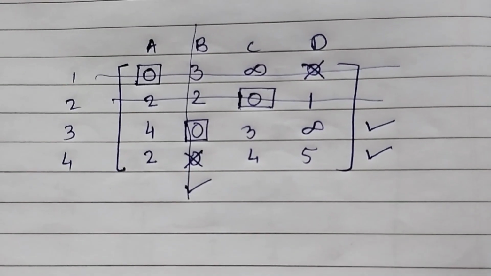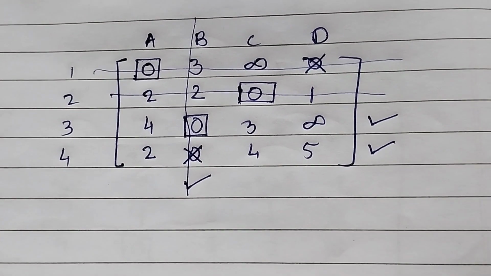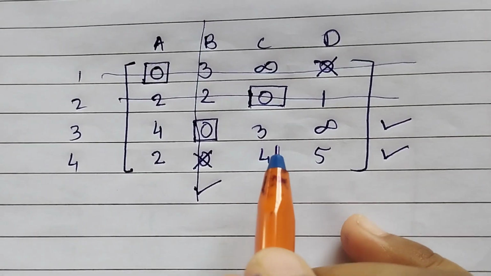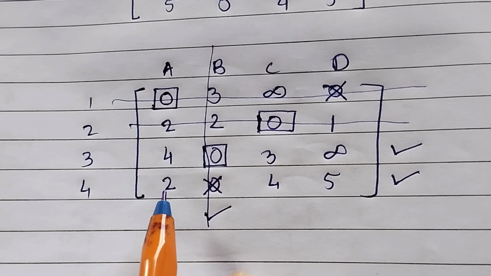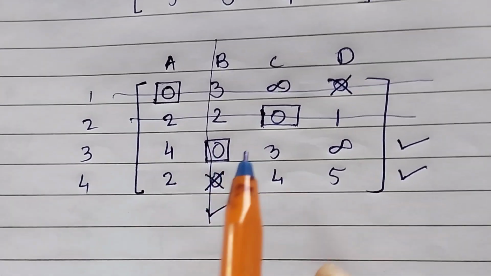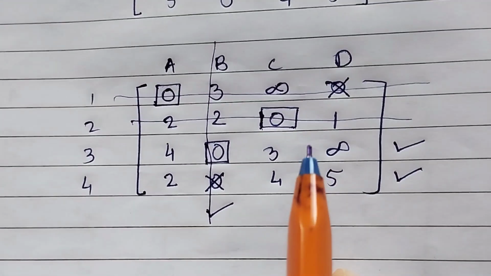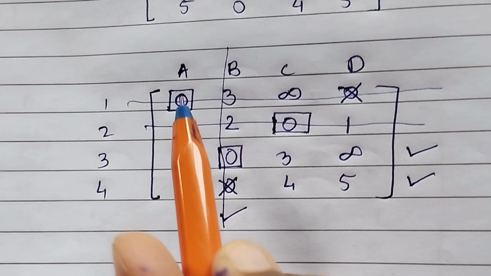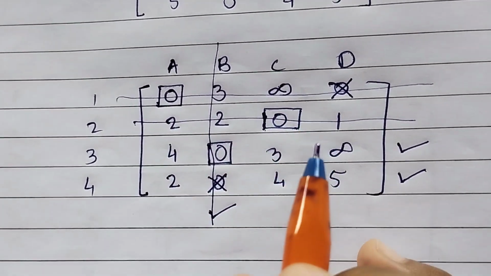Now the further procedure is the same as before. Choose the smallest element from the uncovered elements, which is 2. Subtract 2 from all the uncovered elements, add 2 at the intersection points of the lines, and write the remaining elements as they are.